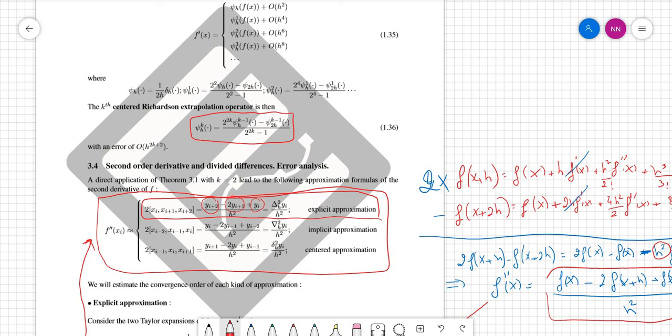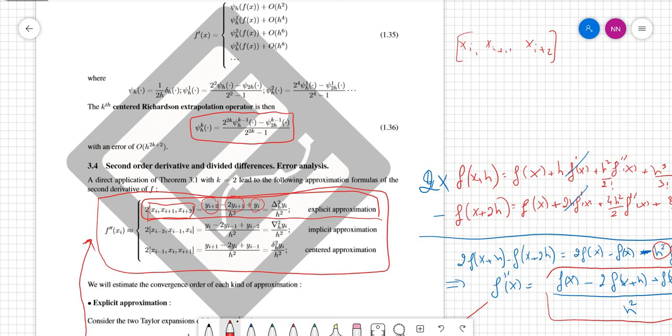This theorem states that if you want to calculate the first derivative, you will use a first order divided difference. If you want to calculate a second derivative, you will use a second order divided difference, and this is a second order divided difference. It's xi, xi plus 1, xi plus 2, which is the second order divided difference.